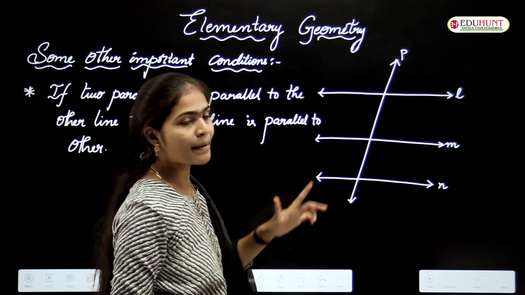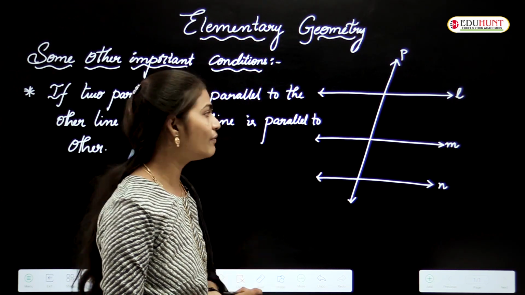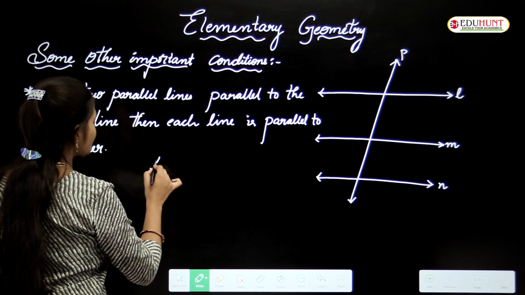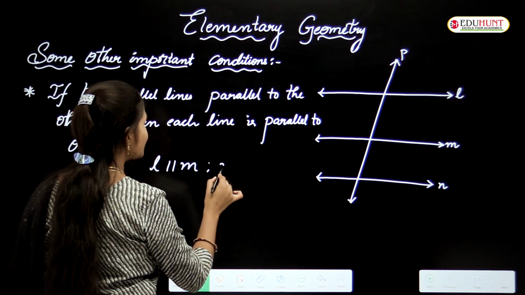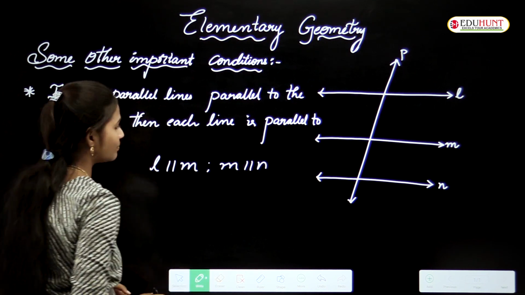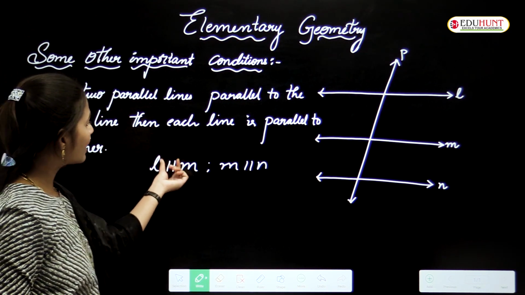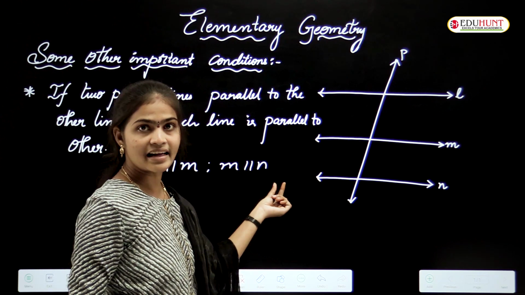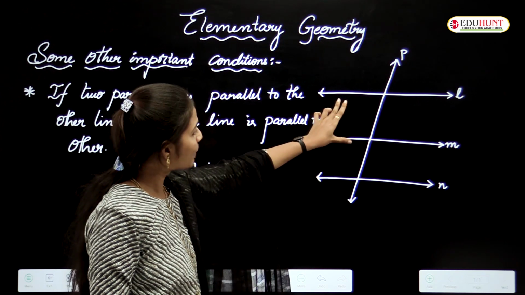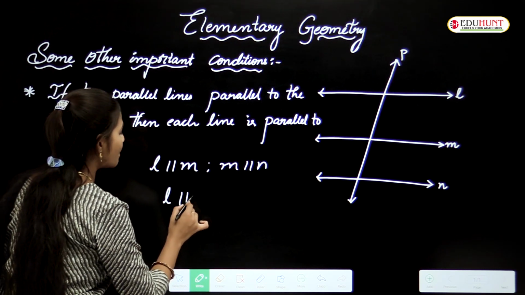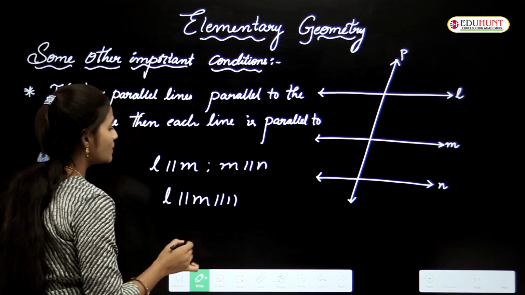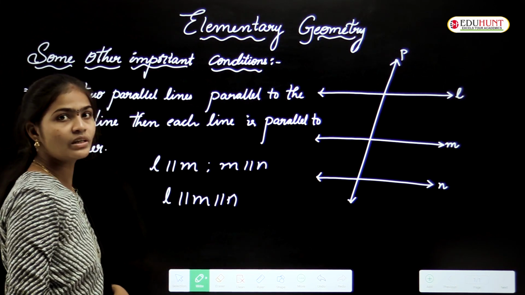Now M is parallel to N. Then we can say that if two lines are parallel to another line, then each line is parallel to the other, so all lines are parallel to each other.